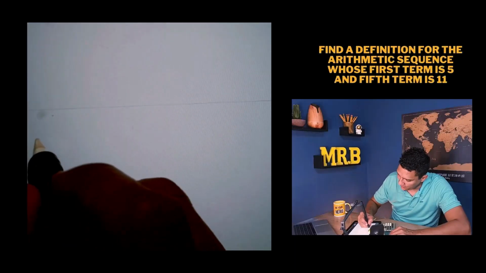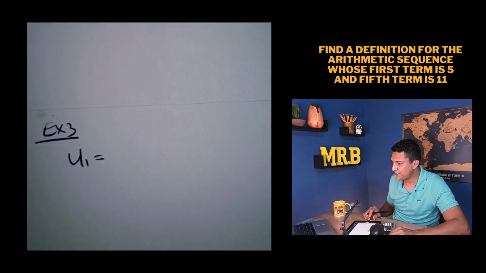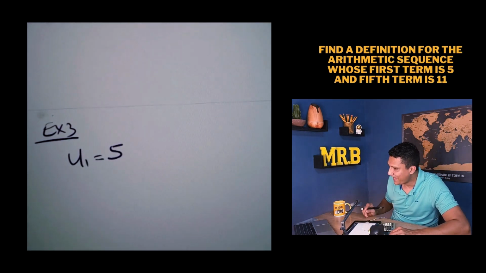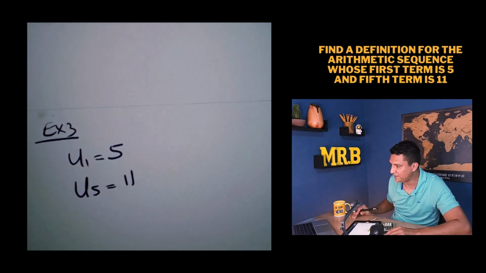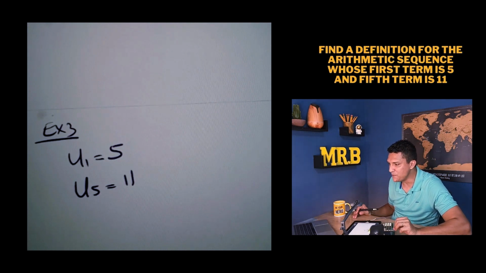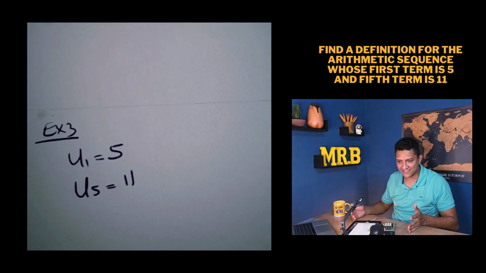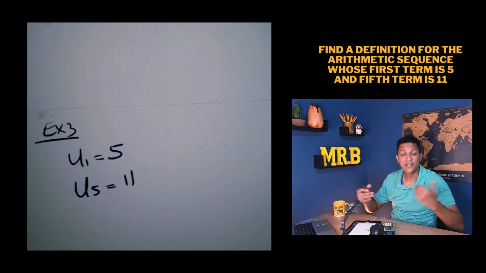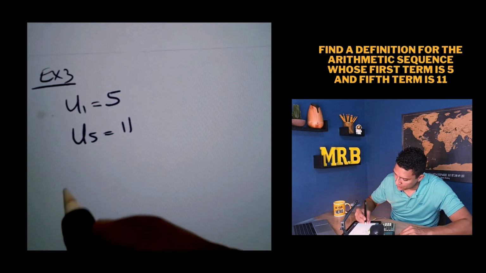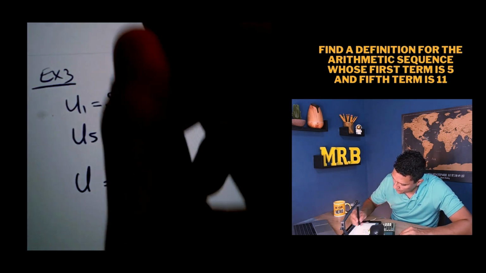They are telling us that the first term of this sequence is 5, and that the fifth term is 11. It says find a definition for the arithmetic sequence. When they ask us for a definition, they are asking us for the general expression that represents the sequence. So we start with the formula that we already know.